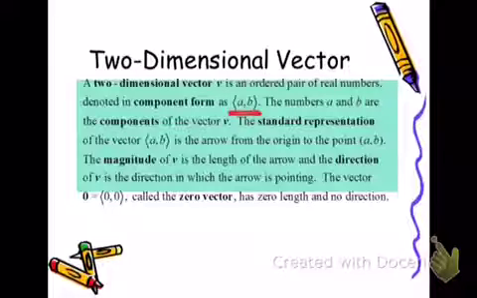The standard representation of <a, b> is the arrow from the origin to this coordinate. All right, so that's the relationship in that. The magnitude of v is the length of the arrow, and the direction of v is the direction in which the arrow is pointing. All right, and we just discussed how to find the magnitude of v.